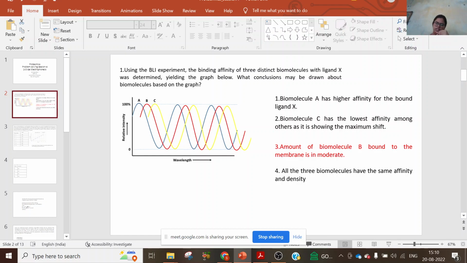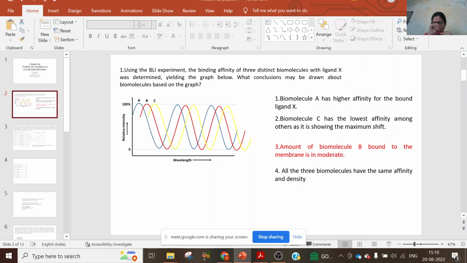Coming to option 3, the amount of biomolecule B bound to the membrane is moderate. We can see here that the shift in the case of biomolecule B is in between molecule A and C. So this holds true.